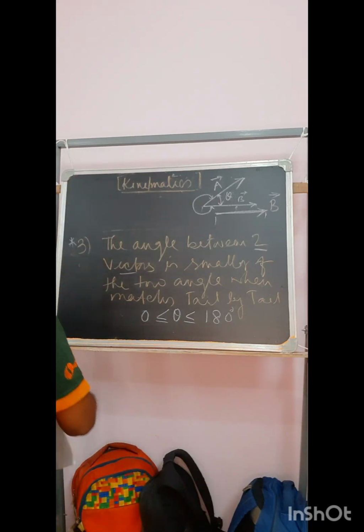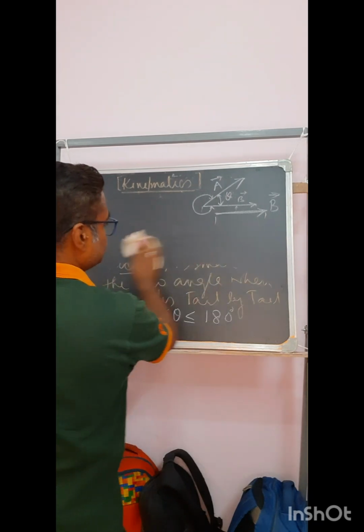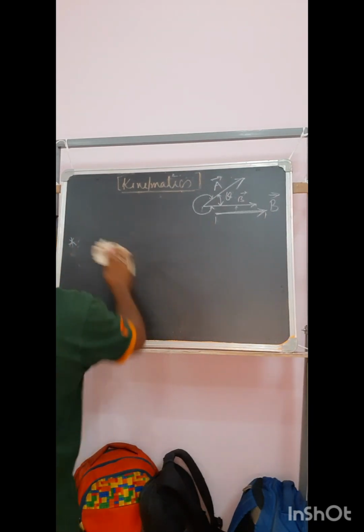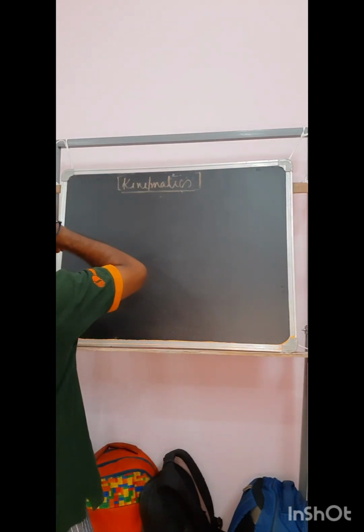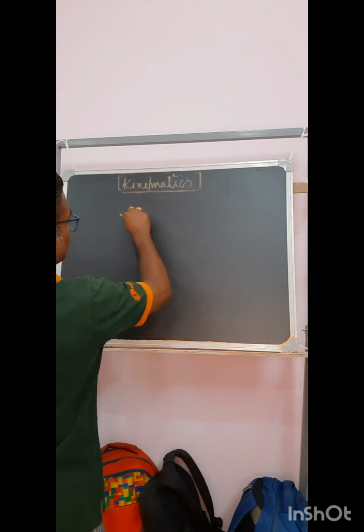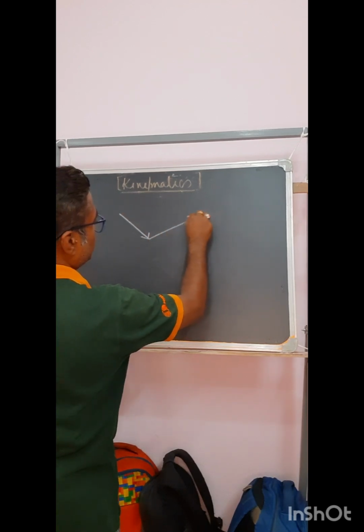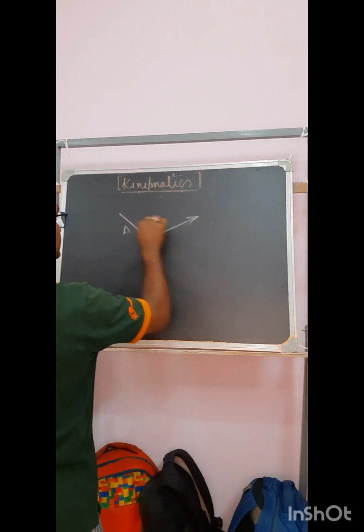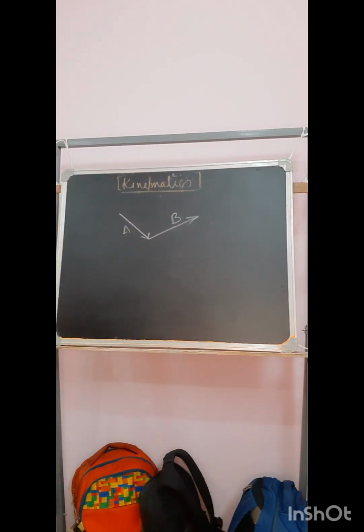Now another condition may arise: this is one vector and this is another vector, A and B. In this condition, what would be the angle between them?